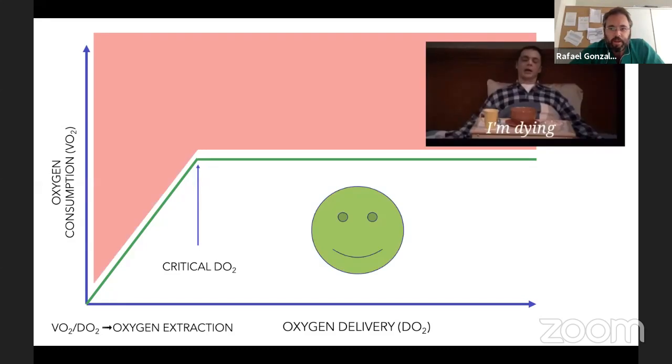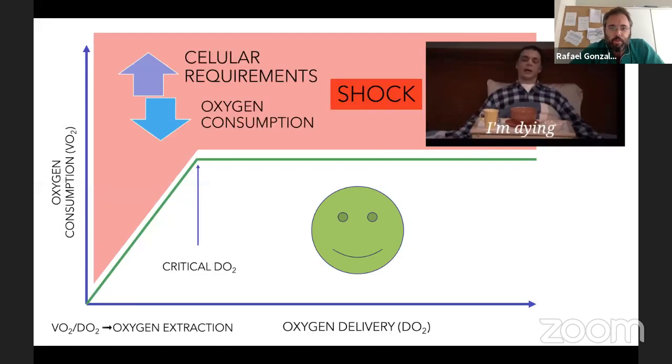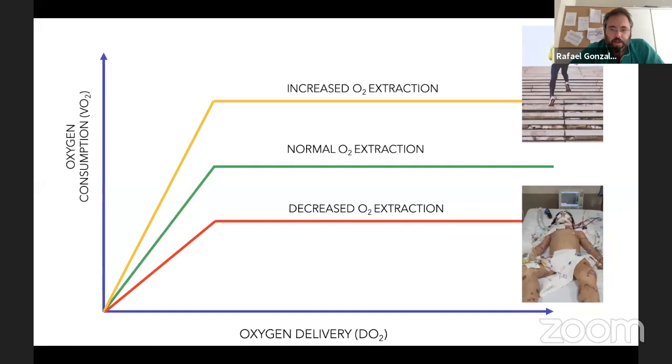If we get over this line, in the upper part of this line, we get in a condition in which cellular requirements are not fulfilled by the delivery of oxygen. In disease and in physiological conditions, this line can be moved upwards or downwards.